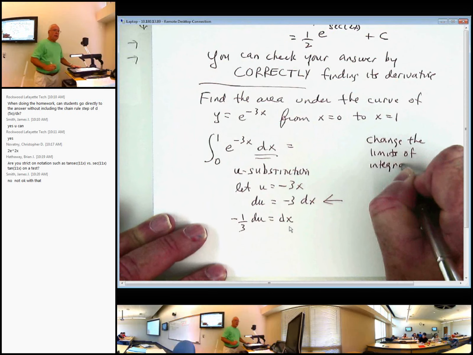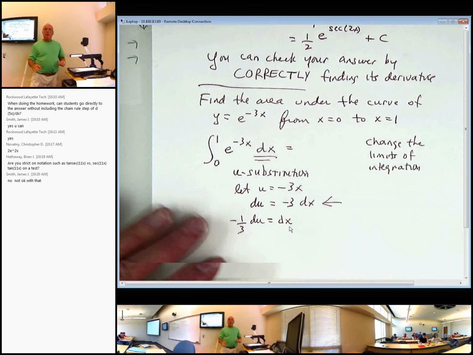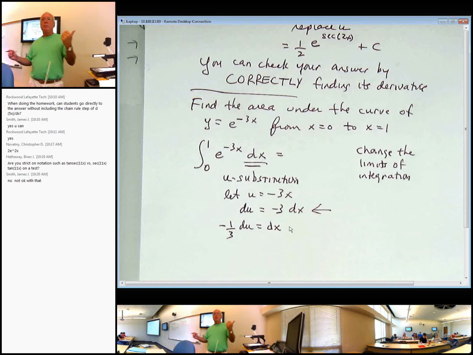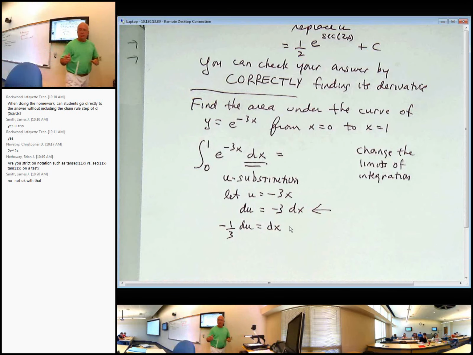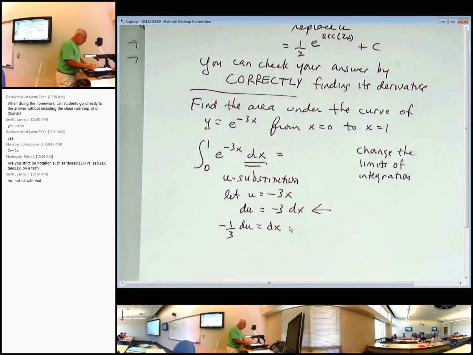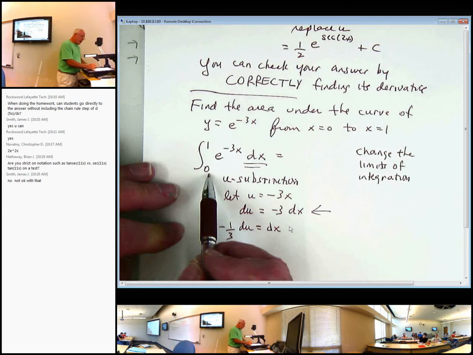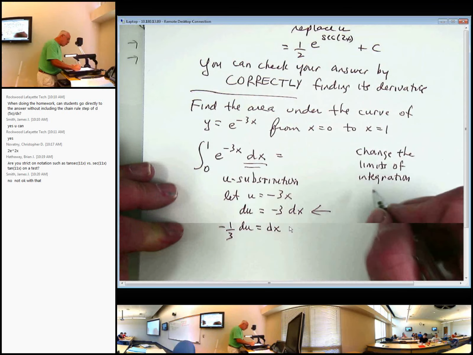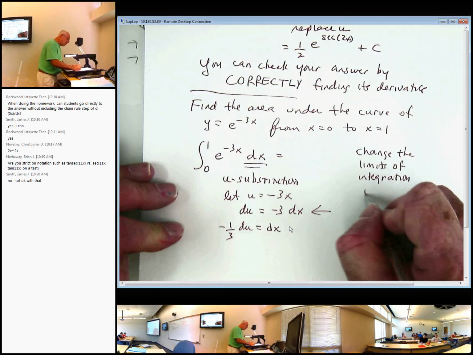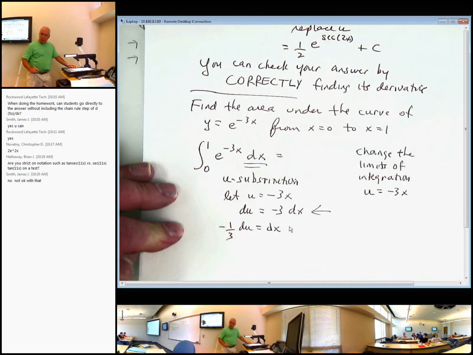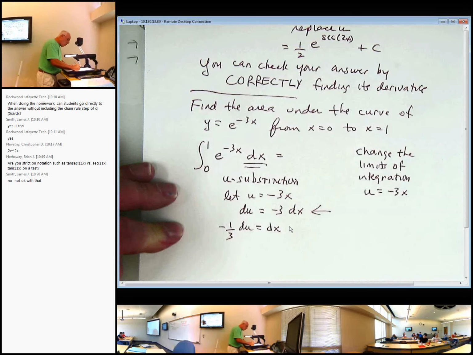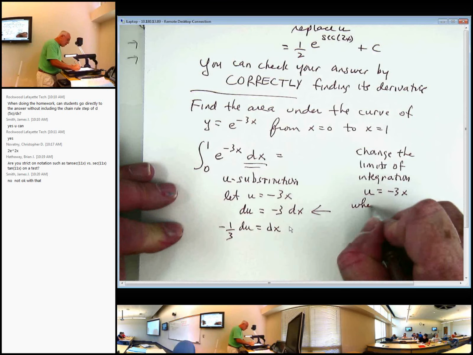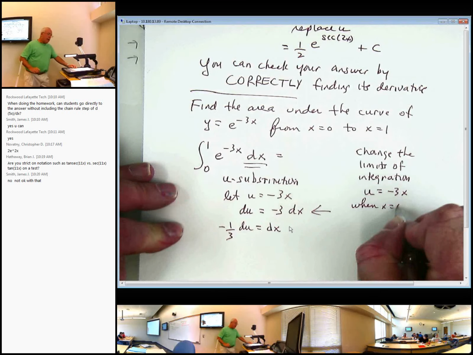All right. And actually, you'll find, once I tell you how to do it, you'll remember right away that that's how you did it. Okay, now notice in our original integral here, x is 0 and then x is 1. So we put here, u is equal to minus 3x. That's our substitution. So when x is equal to 0, what is the value of u?